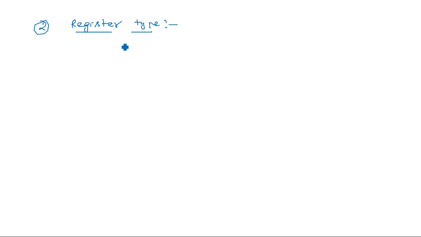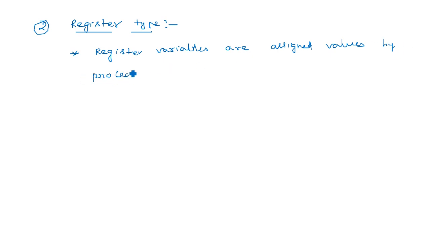Register variables are assigned values by procedural statements within always and initial blocks.